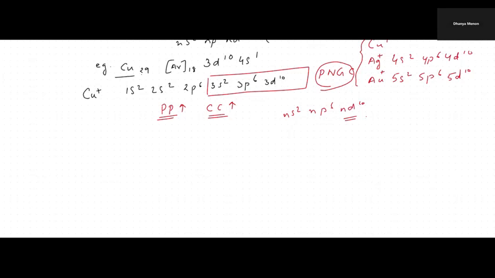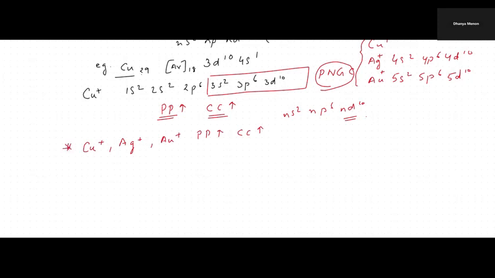So I have 3 ions here: copper ion, silver ion, gold ion. Polarizing power is more, covalent character is more. Okay, so this is very, very important.